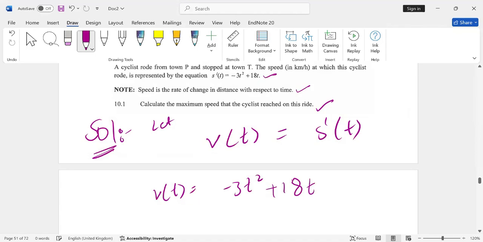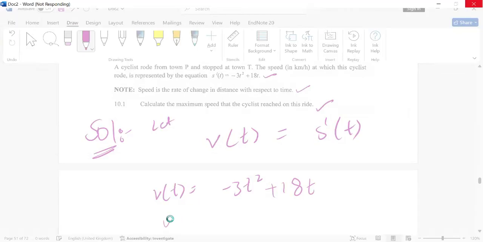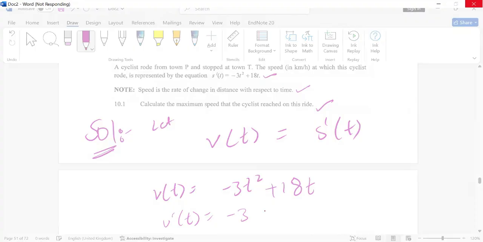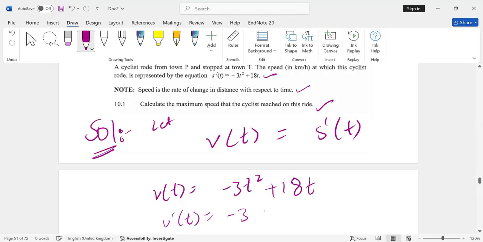If we find the derivative of this function, v prime of t equals minus 3 into 2t, plus 18.